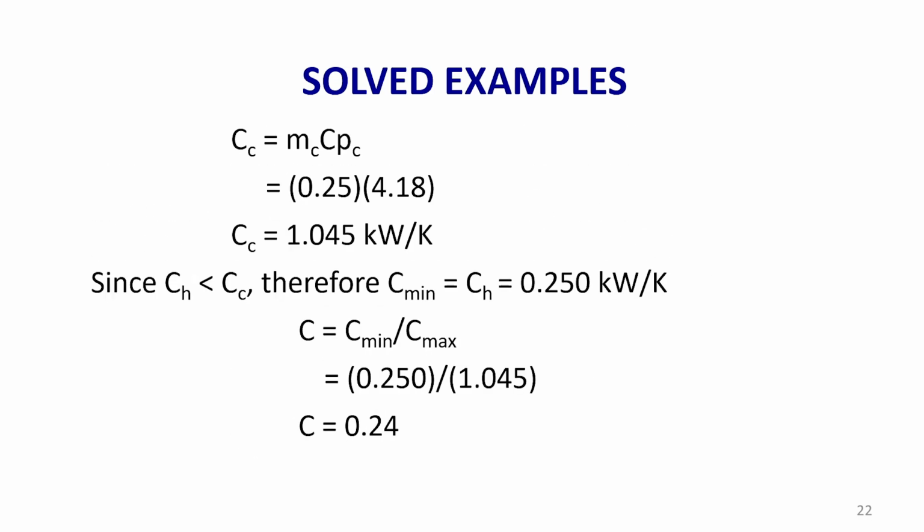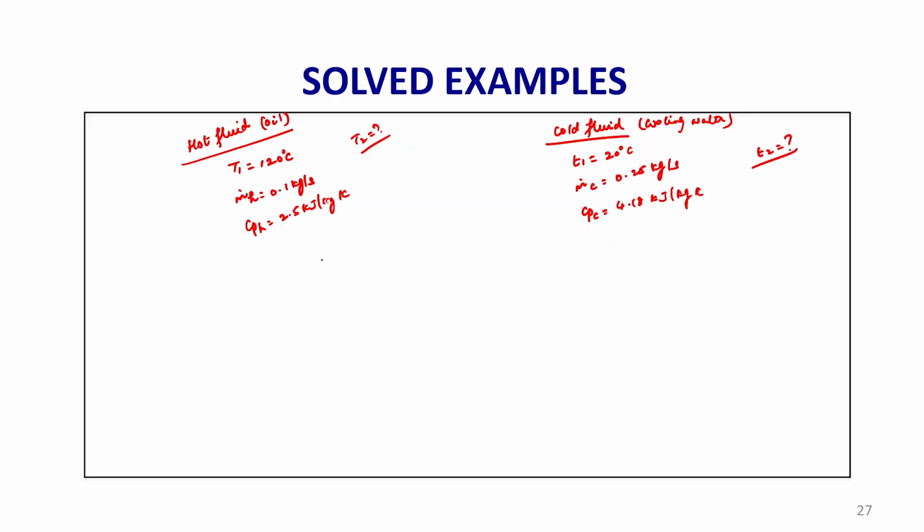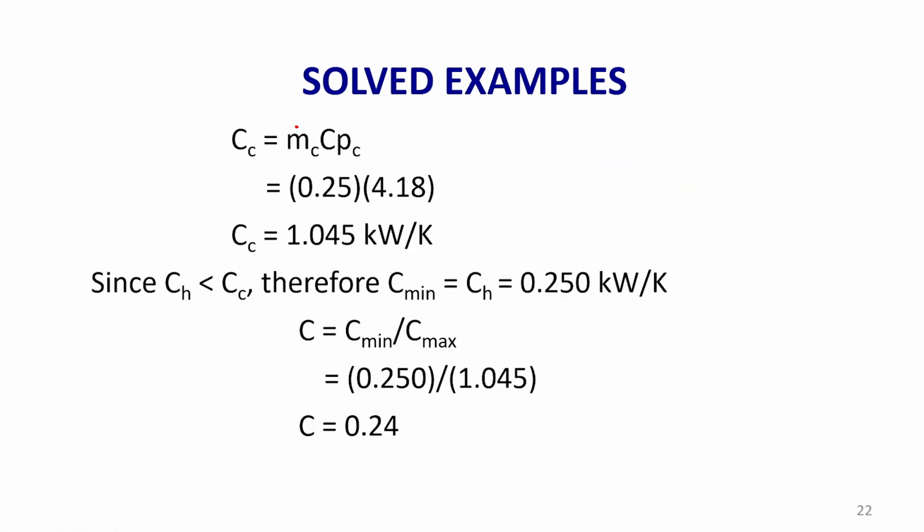So, the usual procedure is to find out CH and CC. CH is equal to mH CpH, CC is equal to m dot C CpC. Due to time constraint, I have given only the brief procedure.